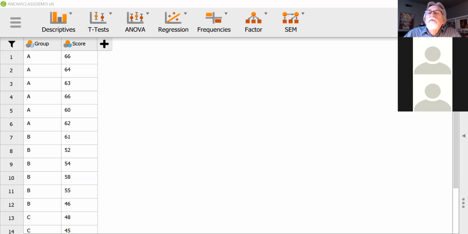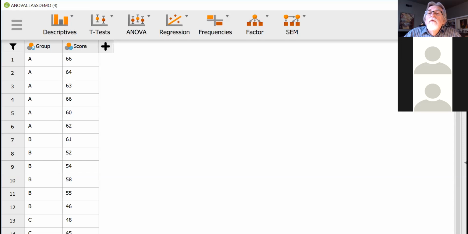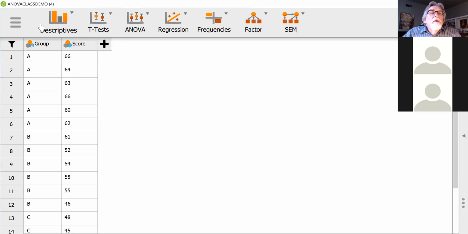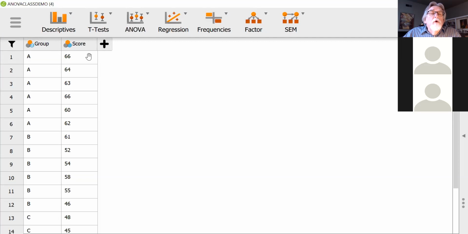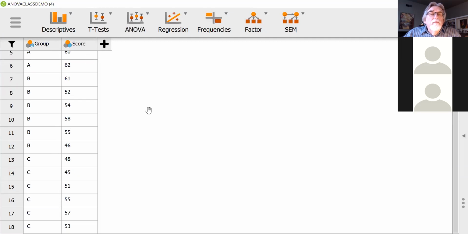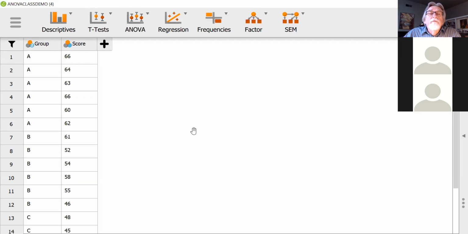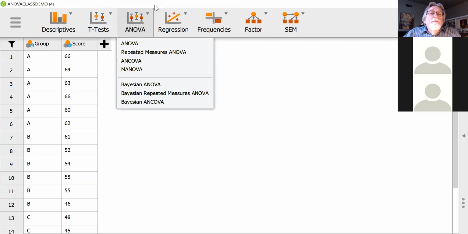I have loaded a data set that's got 3 groups, A, B, and C, and scores for the 3 groups on some test, some assessment. And so I'm going to use ANOVA as the basic test.